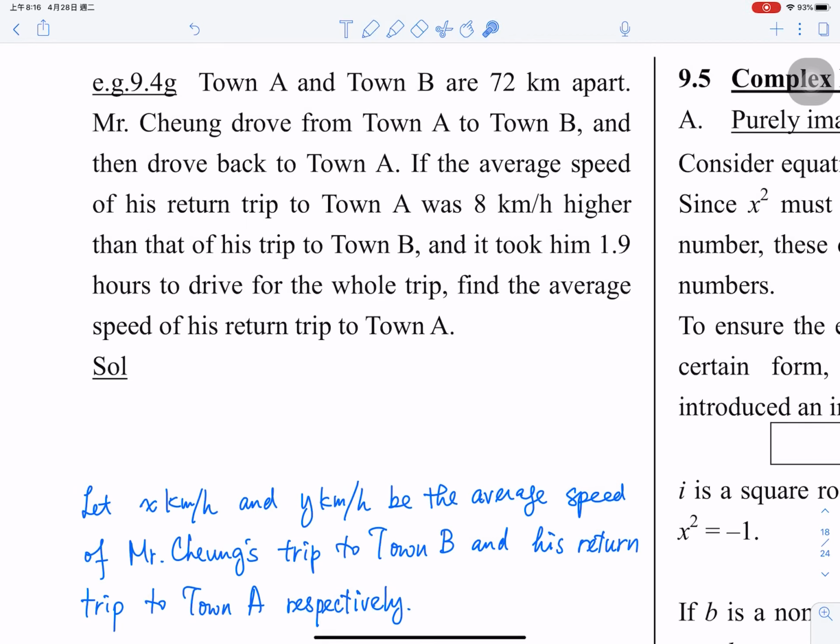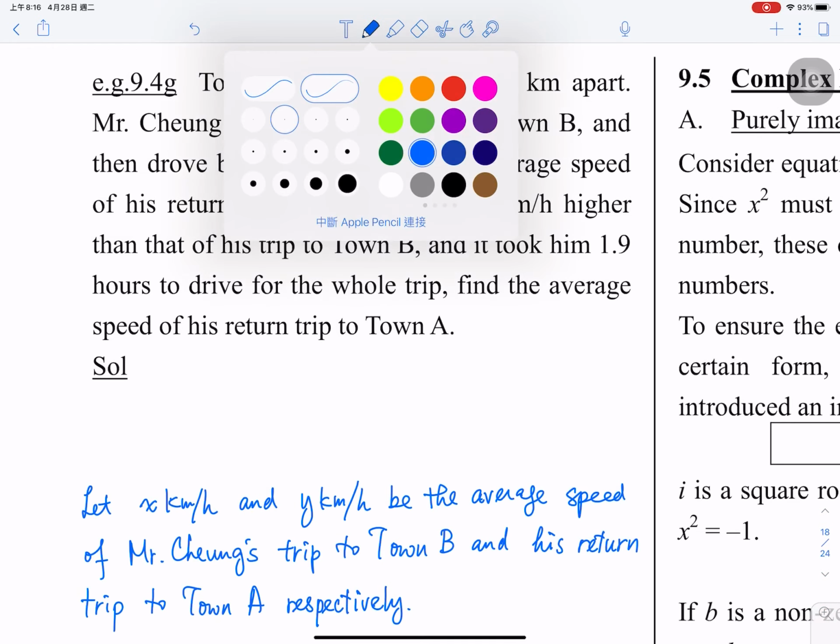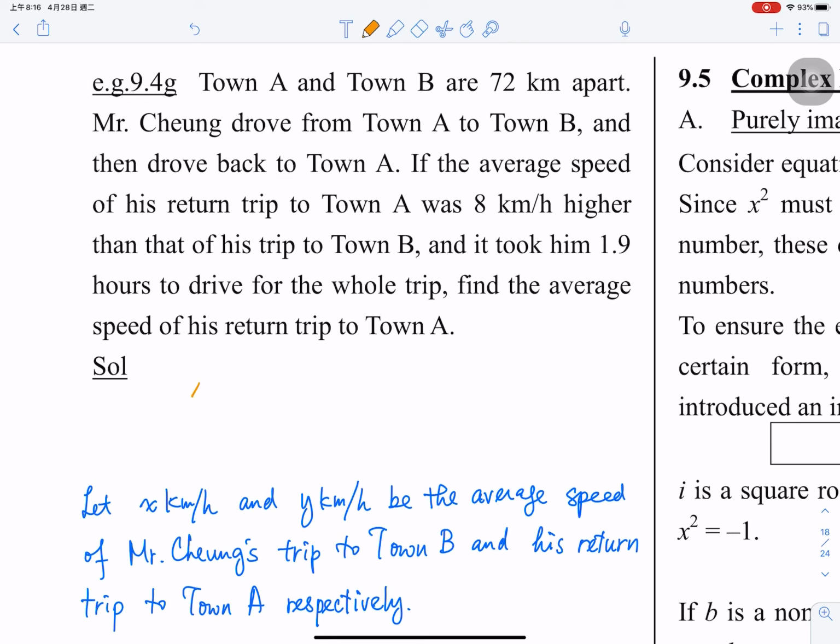9.4 G. Let's see. Town A and town B are 72 kilometers apart. Okay, here we have two towns. Mr. Chen drove from town A to town B. Maybe it's better for us to draw a little bit.